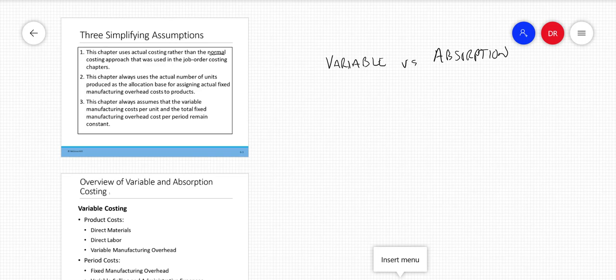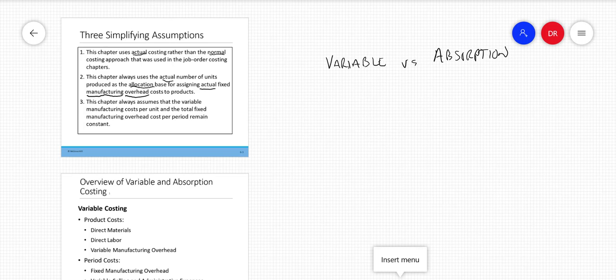What we're going to do here with variable costing is what we call actual costing, and that will include using the actual number of units to allocate as an allocation base for the actual fixed overhead. All right, that's a big difference. Okay, we were looking at projecting an estimated number of allocation units and then assigning the overhead based on that.